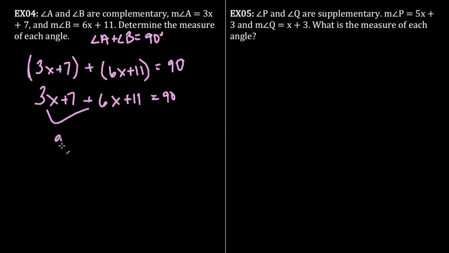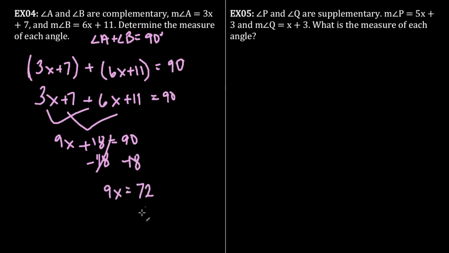We get 9x plus 18 equals 90. Let's take 18 away from both sides. 9x equals 72. We divide by 9.